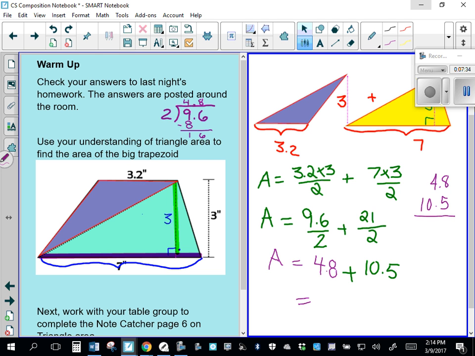So 8 plus 5, that's going to be 13. Carry the 1. That's okay. So 1 and 4, it's 5. 5 plus 10 is 15. So 15.3. So there's a lot of steps, but that's one way to figure out the area of the trapezoid.